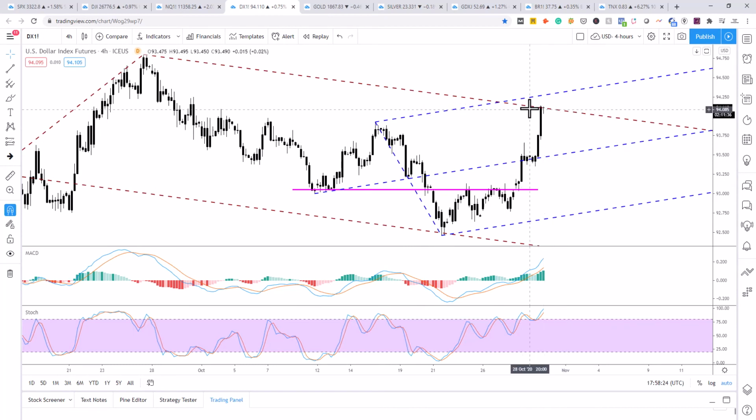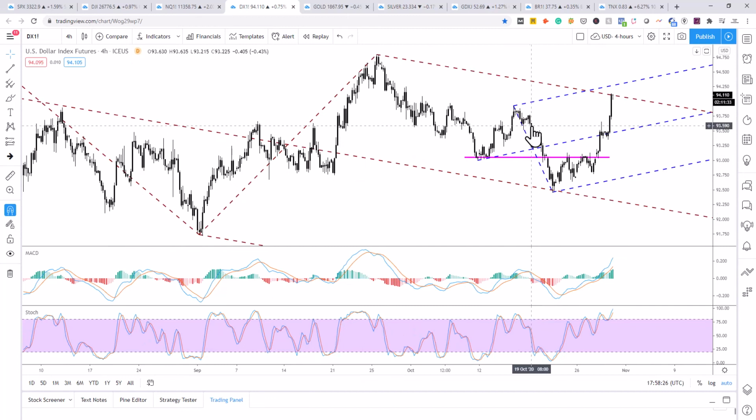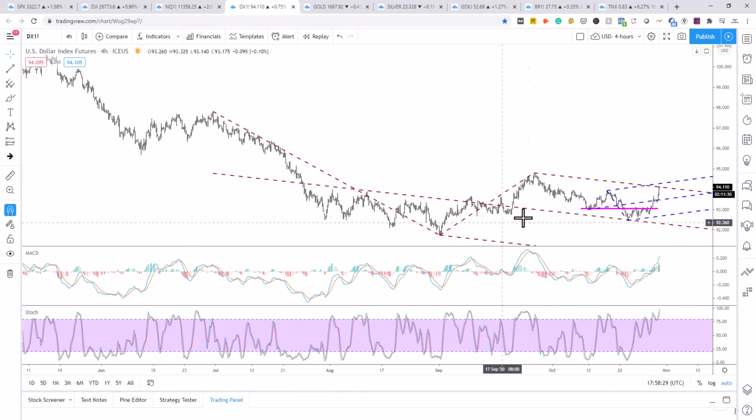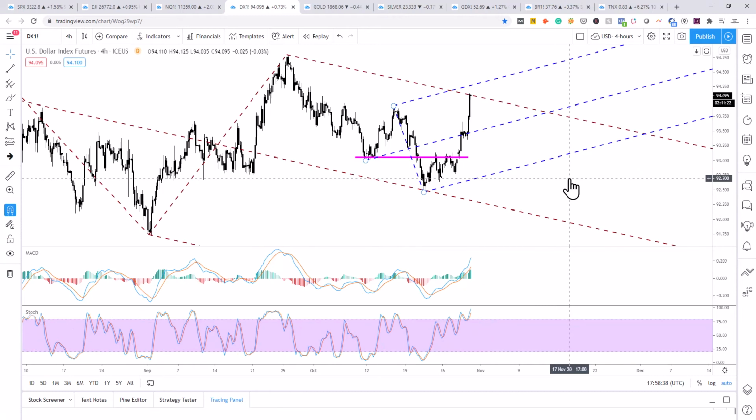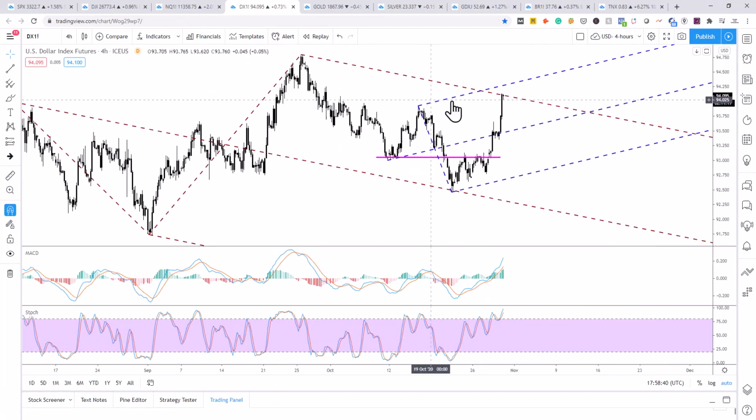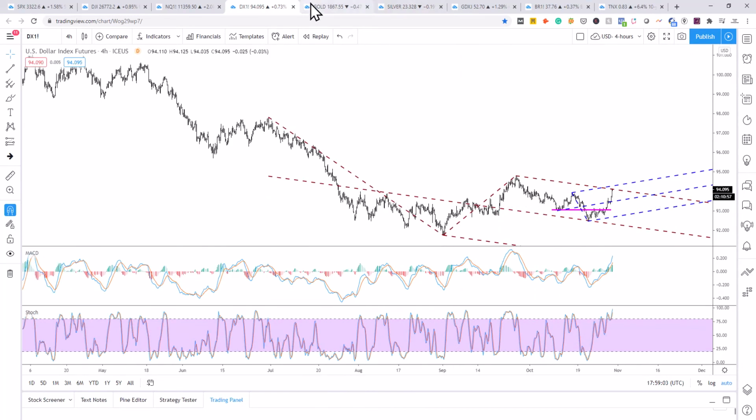Now price has run into resistance at the upper median line of this red Schiff pitchfork, so the dollar's at resistance, with another layer of resistance just overhead, but strongly in bull mode based on MACD, and obviously on a buy signal. Energy is high in the stochastics, and so the dollar can certainly run higher here if it wants to.